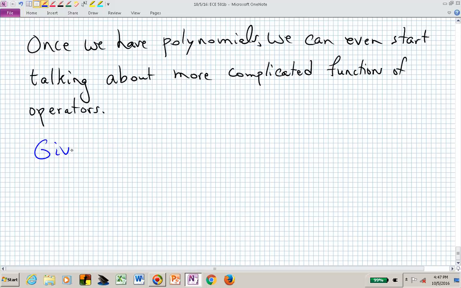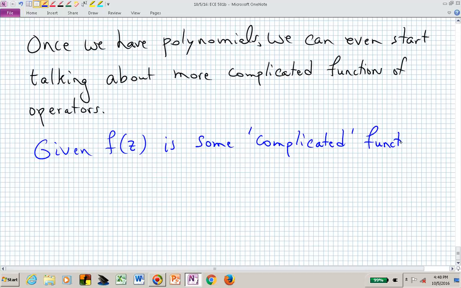Meaning, suppose that we're given some function f of z that is some complicated function, then we can actually equate f of that complicated function as a polynomial of that operator.